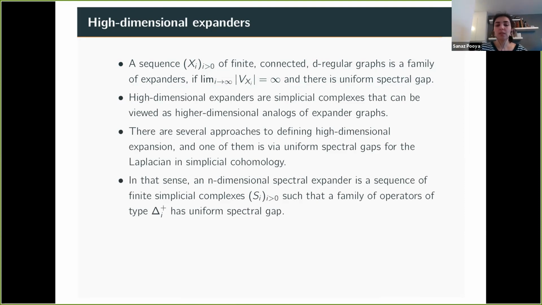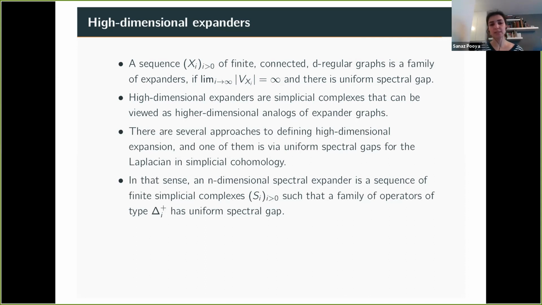So these high-dimensional expanders are simplicial complexes that can be viewed as high-dimensional analogs of expander graphs. There have been several approaches to defining them and the particular expansion. But maybe the one that fits best to our setting is the one through a uniform spectral gap for the Laplacian.